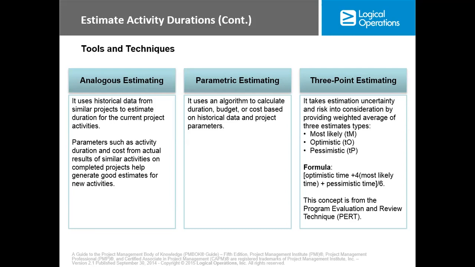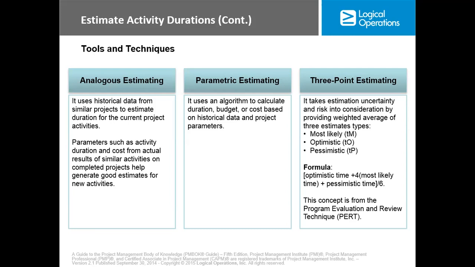The most likely talks about looking at events, at things, the way things are, what is most likely going to be. For the optimistic, we are looking at the best possible scenario, while for the pessimistic, we are looking at the worst-case scenario. So you give those things figures and you use them to do your estimating.